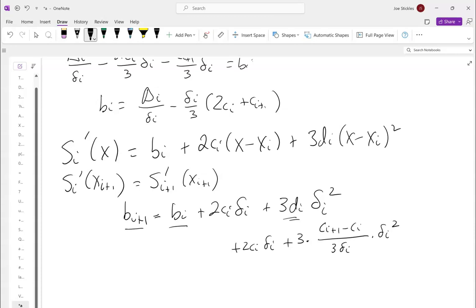B sub I plus 1, here's the expression for our B sub i's, but I need to replace the I with I plus 1, right? So we'll get, on the left-hand side, capital delta sub I plus 1 over little delta sub I plus 1, minus little delta sub I plus 1 over 3 times 2c sub I plus 1 plus c sub I plus 2.